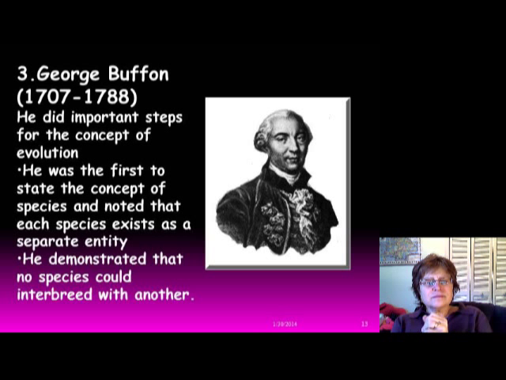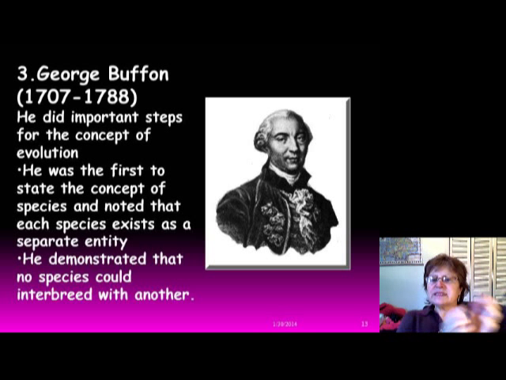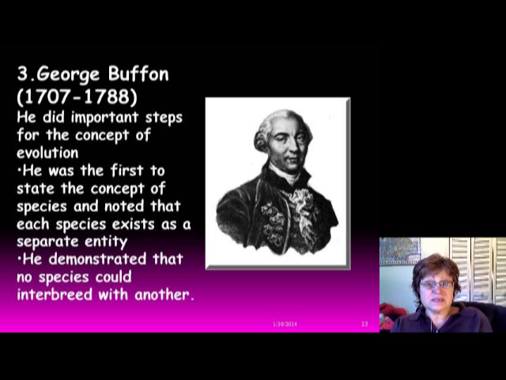And he also demonstrated that the species can only interbreed among themselves and they cannot interbreed with any other species. That doesn't mean that there is no sex between different species, but they cannot create offspring which can also actually reproduce.